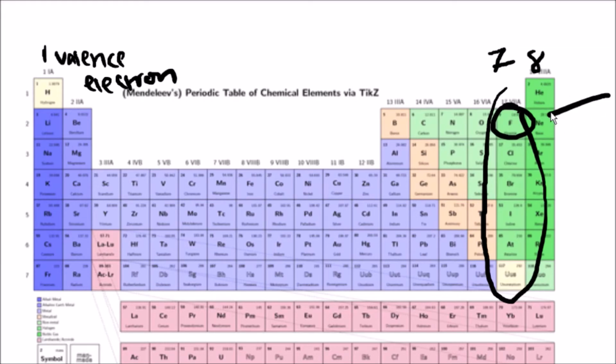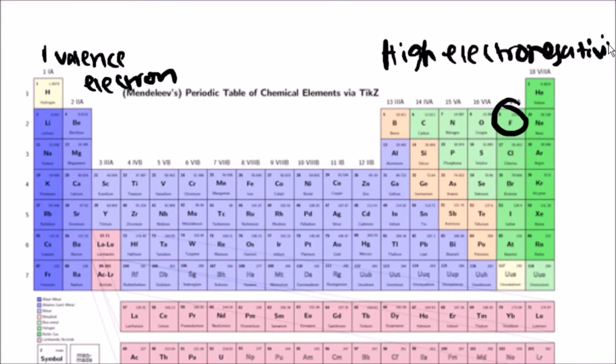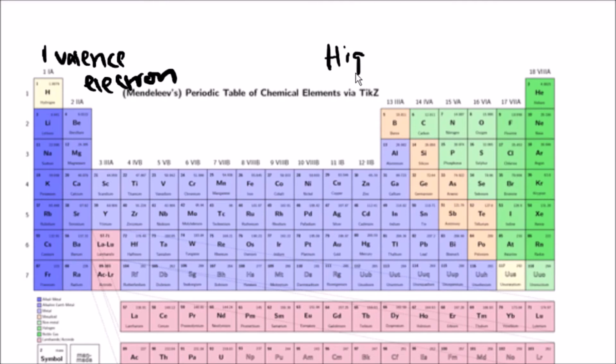So fluorine is more electronegative. So it has a high electronegativity.